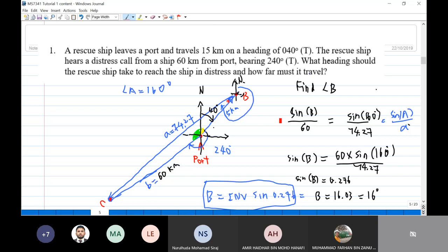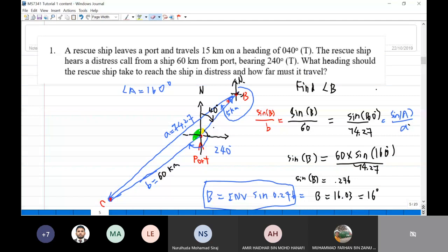So this is sine B over B, which is sine B over 60, and then compare with the other one, sine 160 minus 74, which is sine A, over A. So from here, you can solve angle B. This is 60 times sine(160 minus 74) over 74.27. And then you find sine B is 0.276.